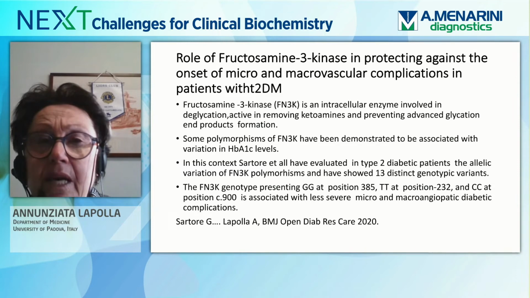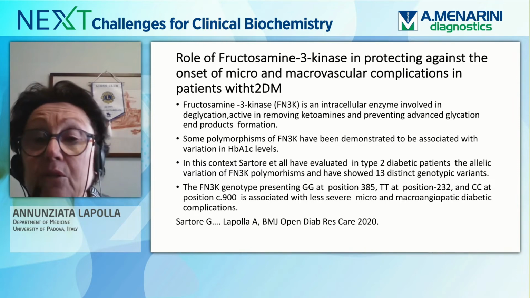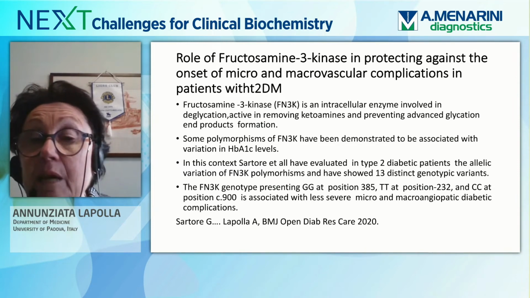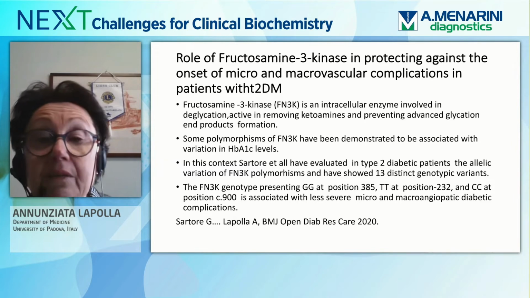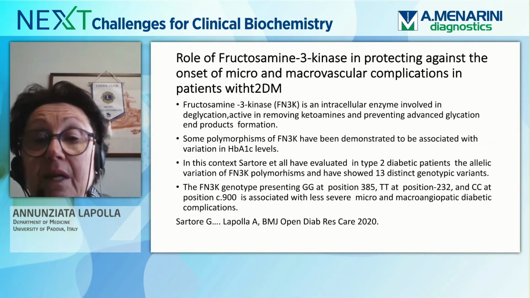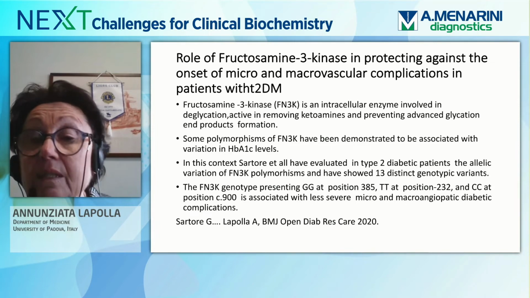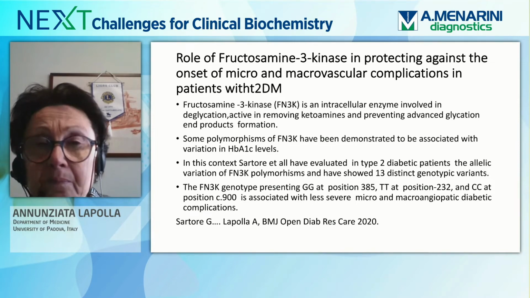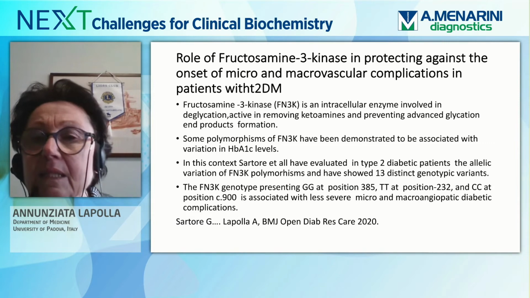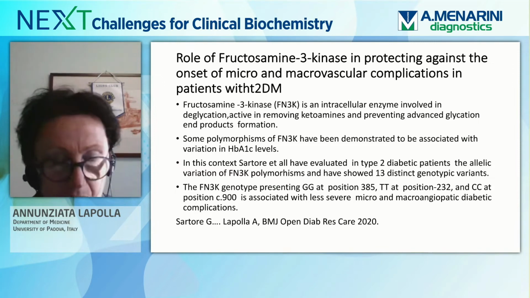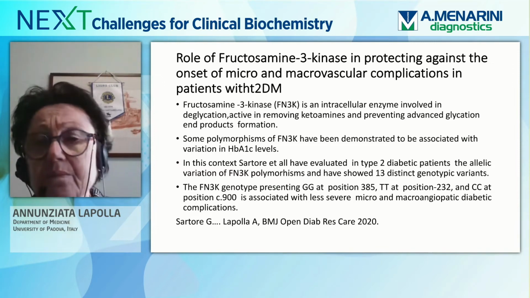In this context, Sartore and collaborators have evaluated in type 2 diabetic patients the allelic variation of FN3K polymorphism, and have shown 13 distinct variants. The most important thing is that some variants are associated with less severe micro and macroangiopathic diabetic complications.